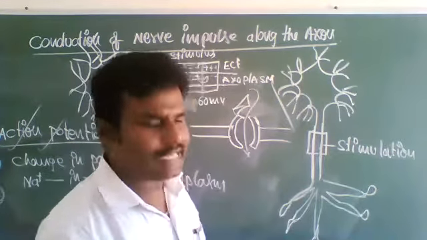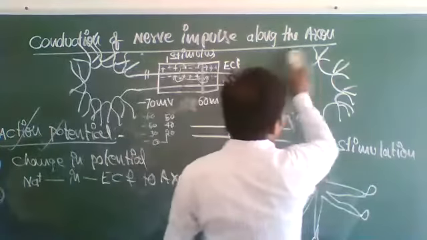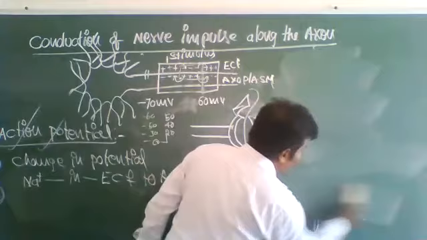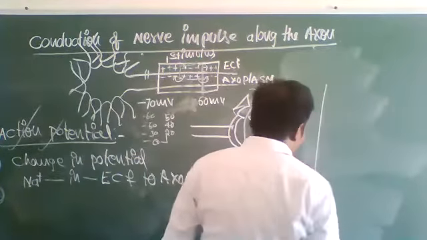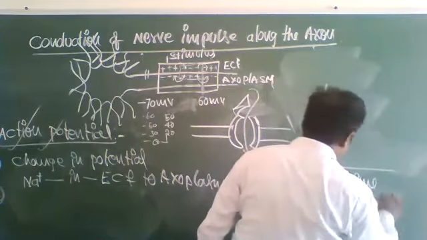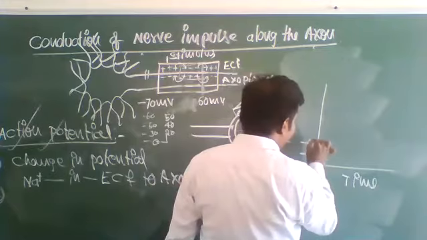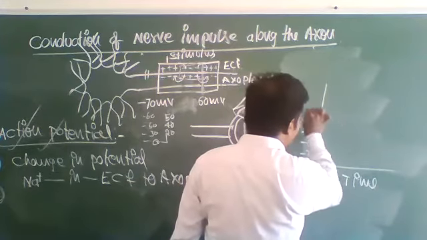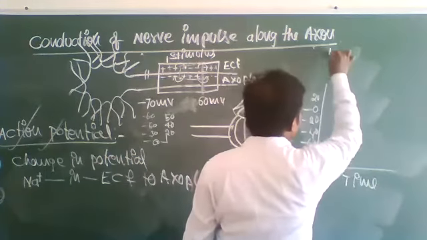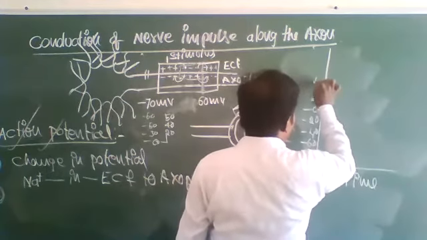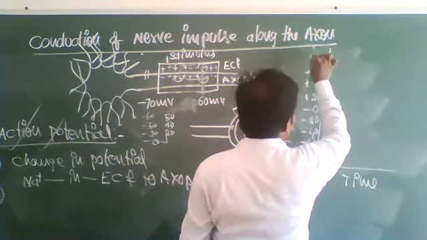For better understanding, I will show this in the form of a graphical representation. So, graph time. Initially 0, minus 70, 60, 40, 20, 0, next plus 20, 40, 50, 60.